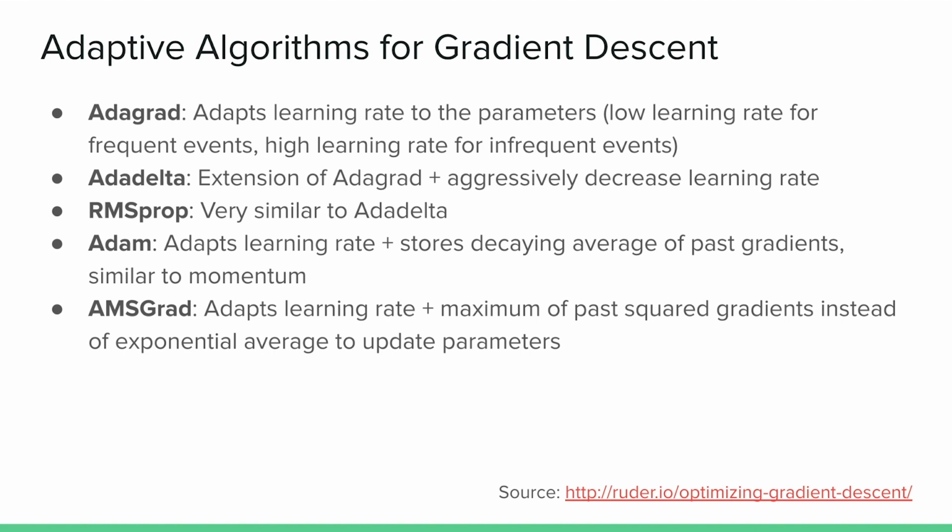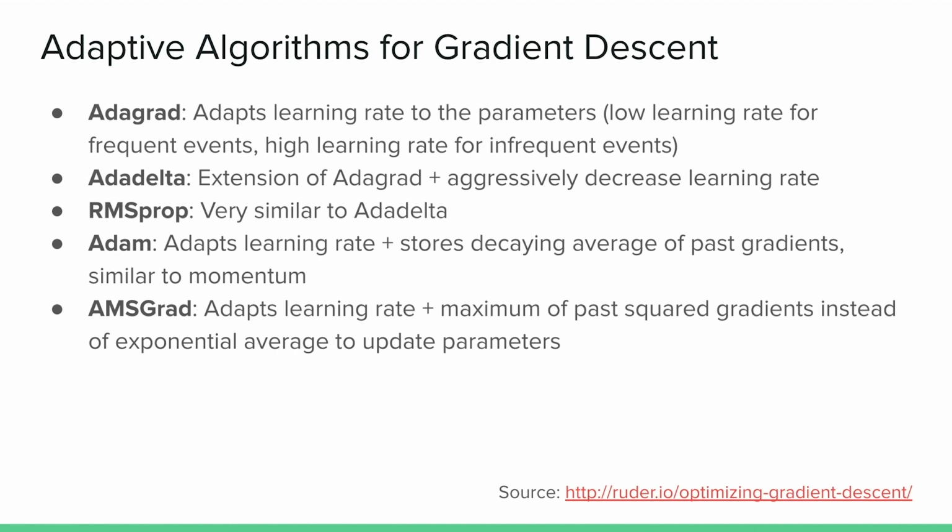Adam is a really popular one, which has become the default adaptive algorithm for gradient descent, which adapts the learning rate and also stores the decaying average of past gradients. It's a similar idea to momentum, in that we have a memory of where we went in the past and then adapt our learning rate accordingly.